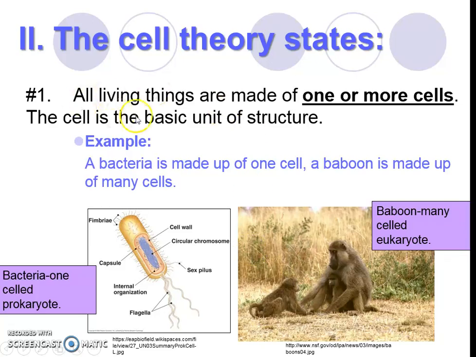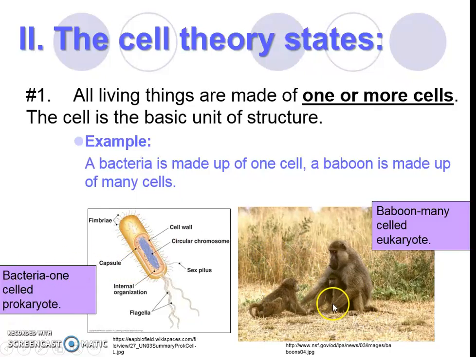So the first part of the cell theory is all living things are made up of one or more cells, and the cell is the basic unit of structure. For your notes, this is in the form of a big chart. Your job is to either write the definition or write examples. For instance, there are cells that are just one all by themselves, and we call those unicellular, things like bacteria.